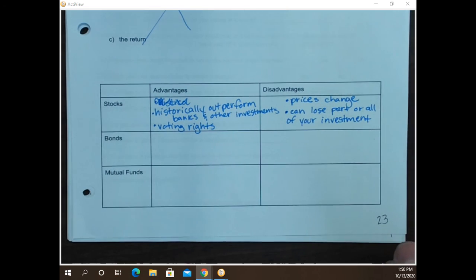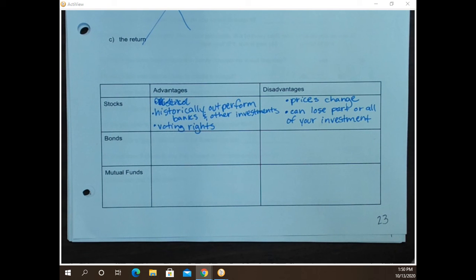If you own shares of a company and that company dissolves or goes bankrupt or in some way ceases to exist, your stock is essentially worthless because that's not a company anymore. So if you were holding on to shares of Toys R Us, you could probably stop worrying about those now, right? Toys R Us is no longer a thing, so any money that you had invested in that company is gone, it's done.